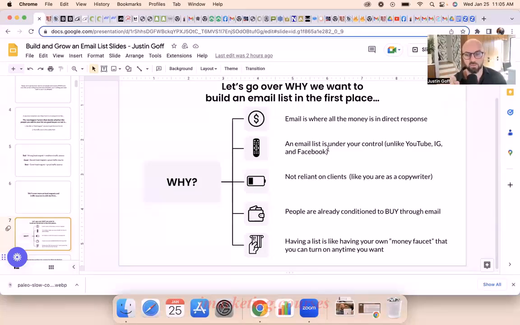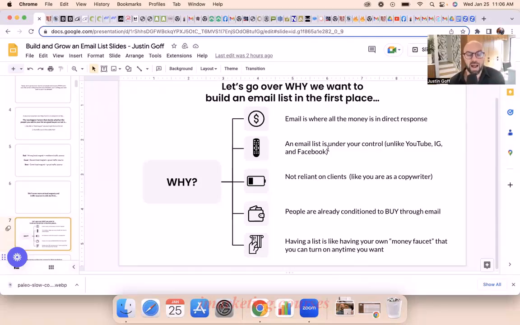It's happened to a lot of different people, some of whom deserved it, some of whom didn't. You're leaving it up to the whims of the people monitoring that kind of thing. An email list is very different. If some email provider decides to kick you off, you can simply take your list and hop over to a different email provider.